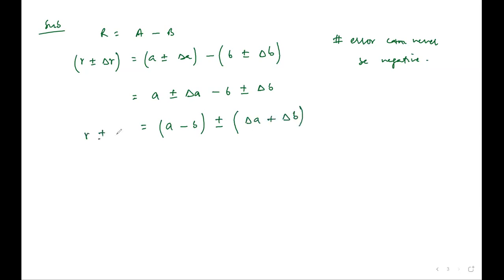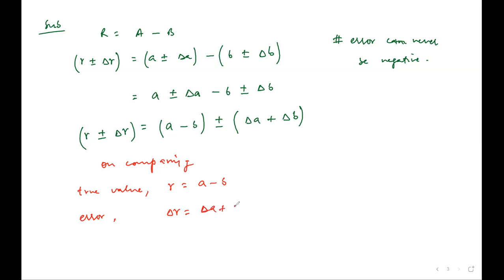So you will get R plus minus delta R equals A minus B plus minus delta A plus delta B. So on comparing, you will say the true value of this particular calculation is A minus B. The error part will be delta R equals delta A plus delta B.